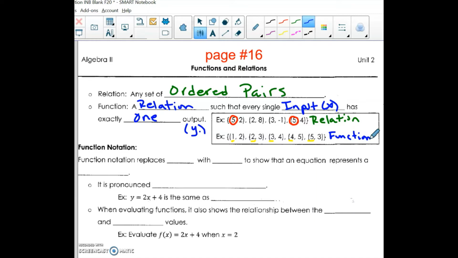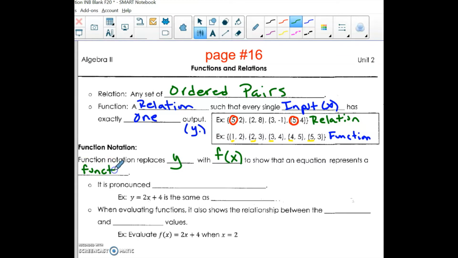All right, function notation is just a fancy way to write equations. Function notation replaces the letter y with this symbol, which we've probably already seen if you've been paying attention on the previous pages, to show that an equation now represents a function.